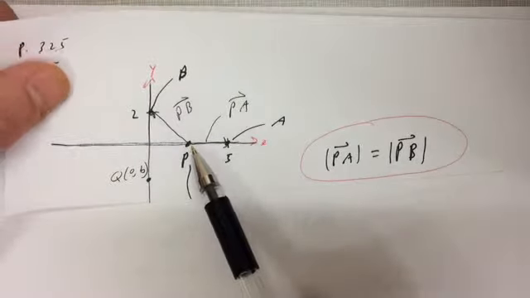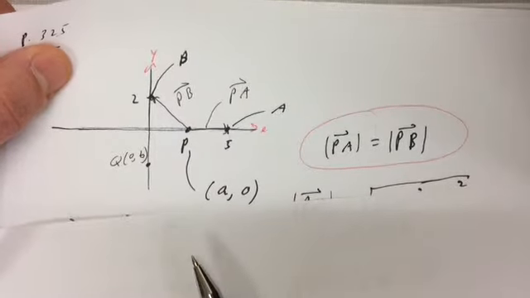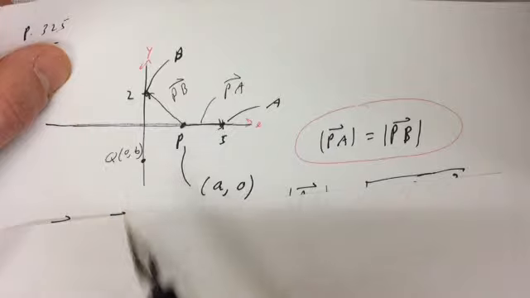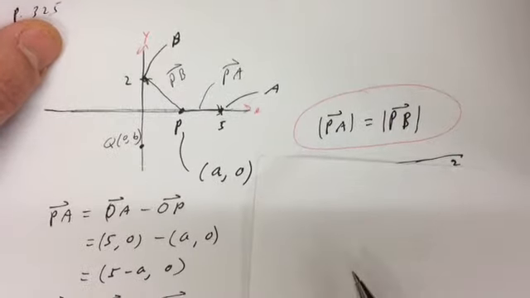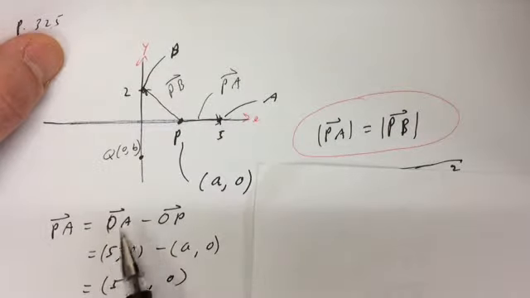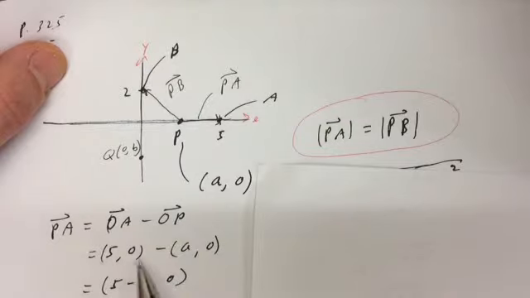So we need to find this point P. Now P, we're told in the textbook, is going to have the coordinates (a, 0). That makes sense. The y coordinate is 0. Okay. And we know that PA is OA minus OP. OA is (5, 0). OP is (a, 0). Subtract the two, you get (5 minus a, 0).